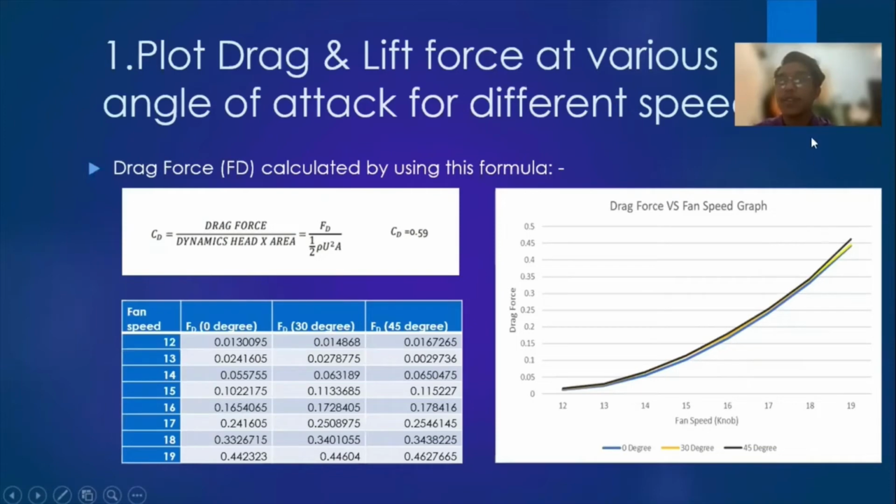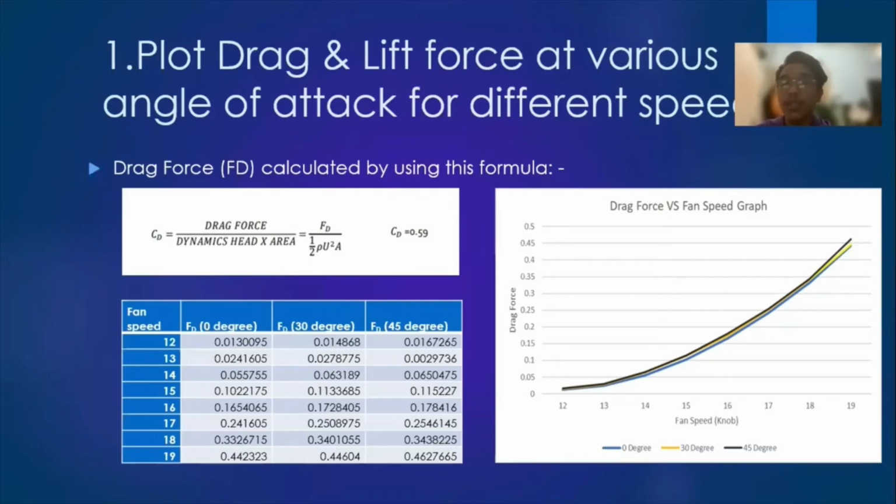Okay, for the first one, plot drag and lift force at various angles of attack for different speeds. Our group just conducted the experiment and got the data, and for the calculation we use the formula to get the FD.